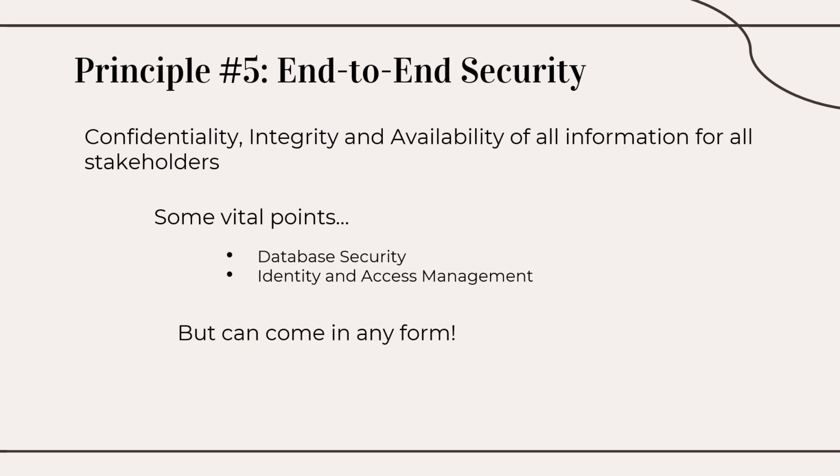They don't explain exactly what this entails, but you know, normal database security, I guess. And there also must be identity and access management. However, end-to-end security can come in many forms. If you know anything about security, database security and identity and access management are two of the most important stepping stones, especially when it comes to the CIA triad. Sorry, not the CIA, the other CIA.